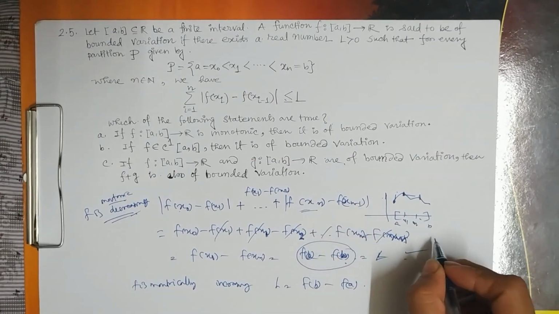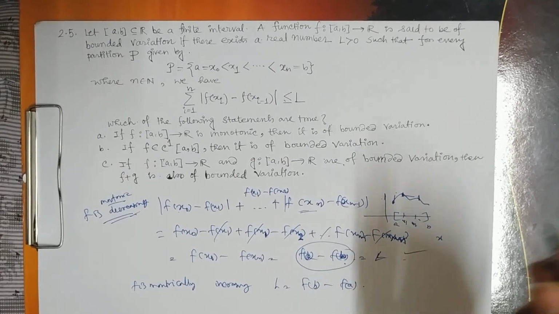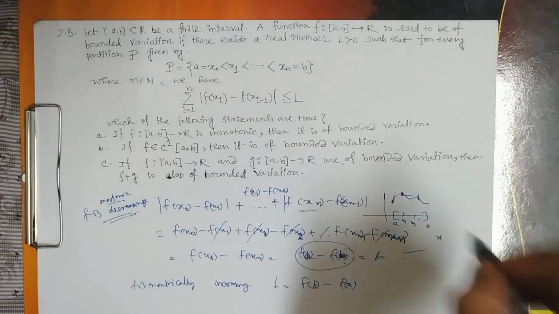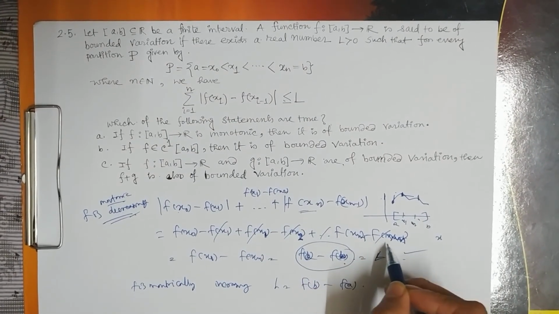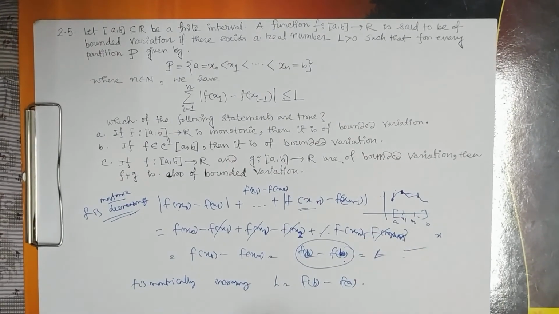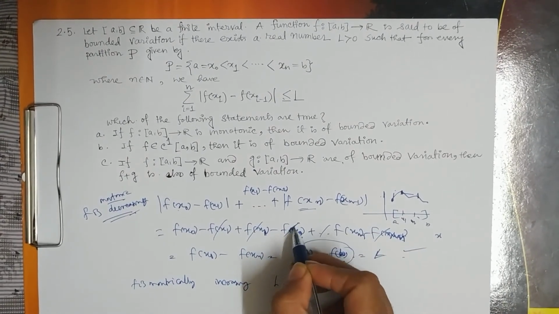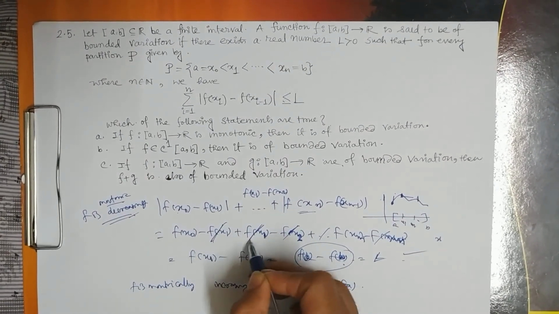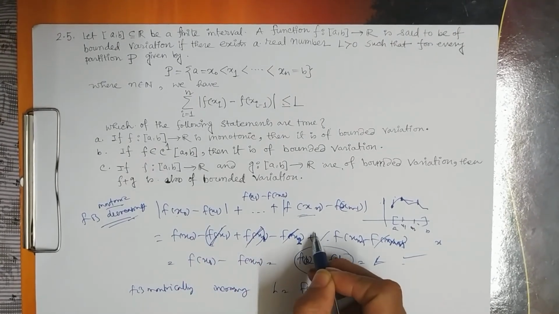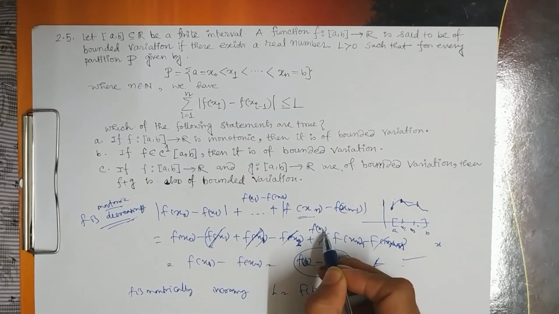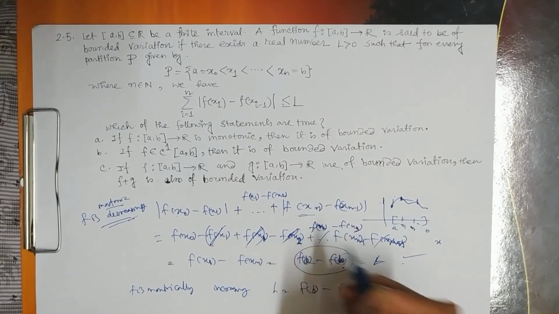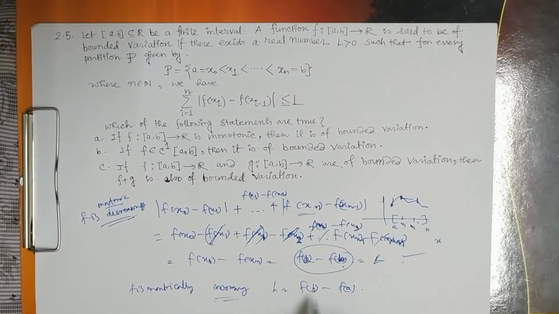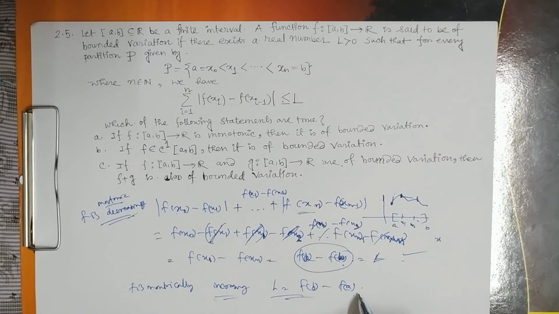Since f is monotonically decreasing, f(xn minus 1) is greater than f(xn). So the cancellation will be consecutive, f(x2) minus f(x3) and so on, and consecutively these will cancel out. For monotonically increasing, L will similarly be f(b) minus f(a).